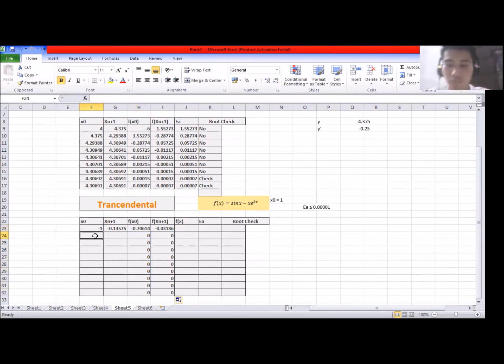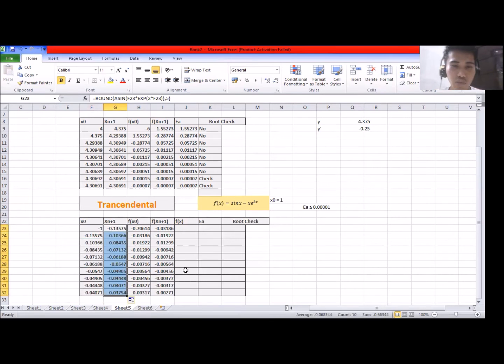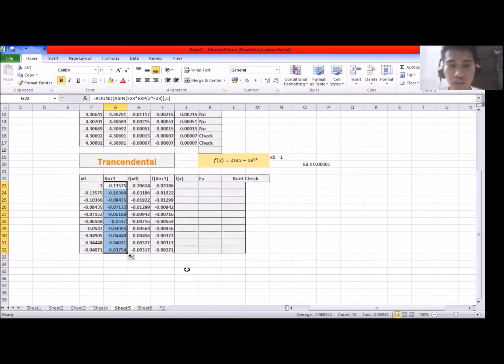Then equals to again initial value, copy until satisfy the 0.001.